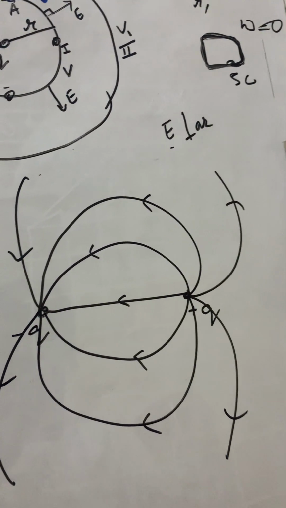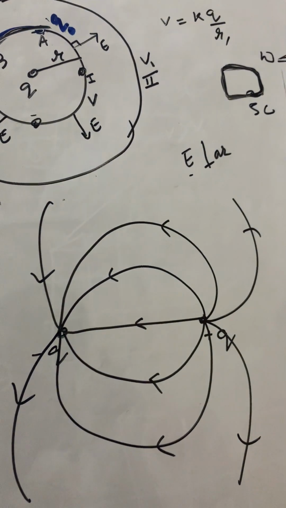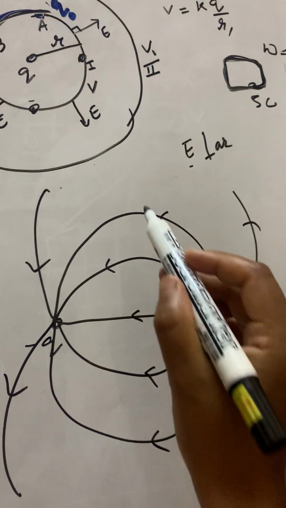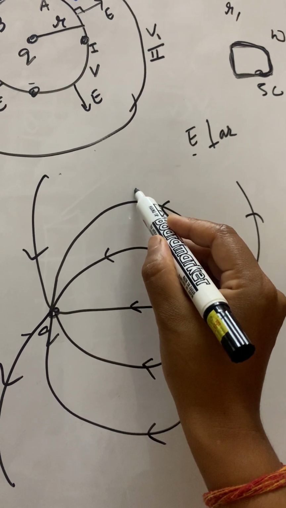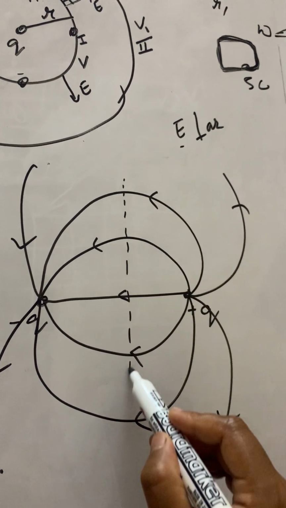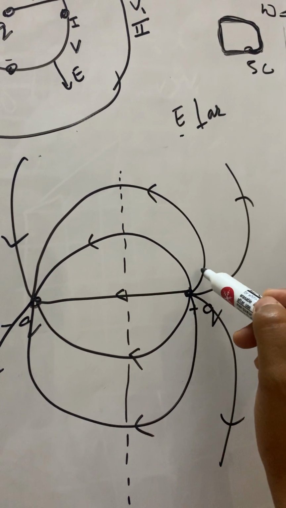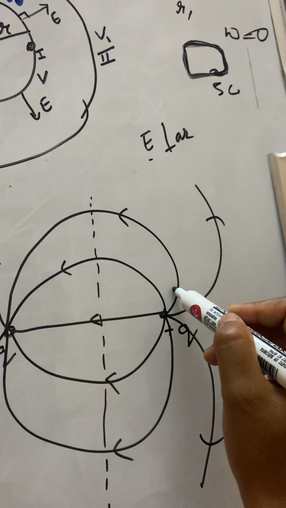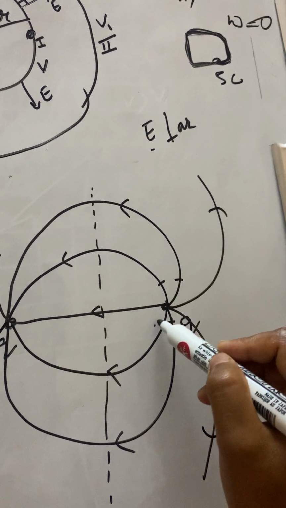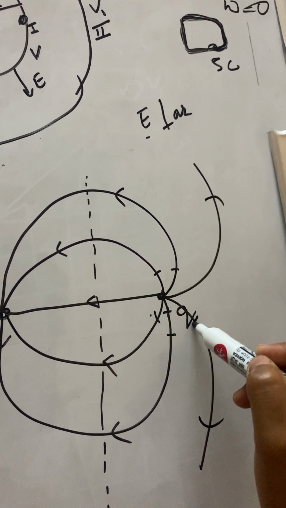Now the equipotential surface has to be perpendicular to it. At every point you make it perpendicular.